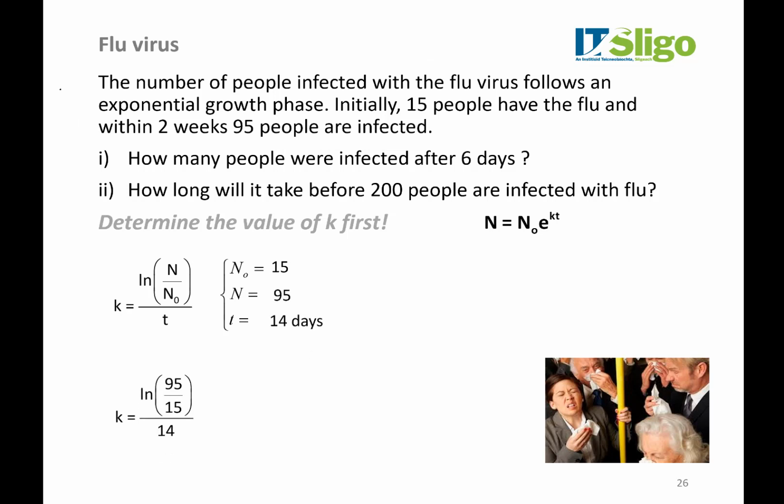Feed these values in, and always write k to 5 significant figures. And what this represents, if we wrote it as a percentage, is a 13% increase in numbers of infected people per day. So that's what k is. It's the increase per unit time.